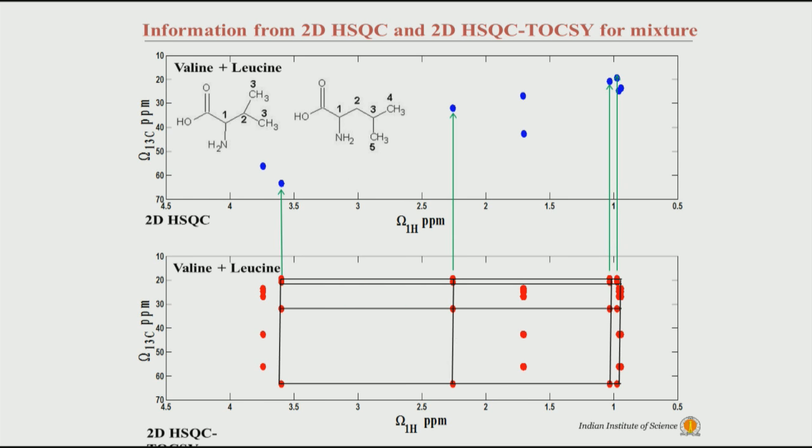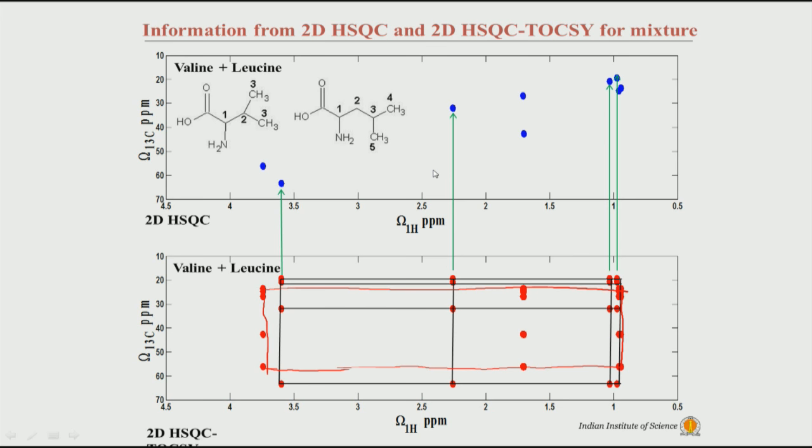Now, the second spin system is basically the other peaks. Let us draw that also, and this is basically this connection. This connection corresponds to another spin system, and it is completely different from the previous connection shown by the black line. So, what we have done is identify a complete spin system whose peaks are coupled to each other, and this spin system will correspond to this molecule, and the remaining ones to the other.